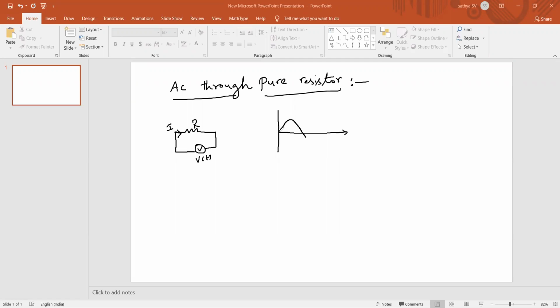Once you are proficient with sinusoids, then I will move on to vector representations. On the x-axis is omega t, and on the y-axis voltage and current.